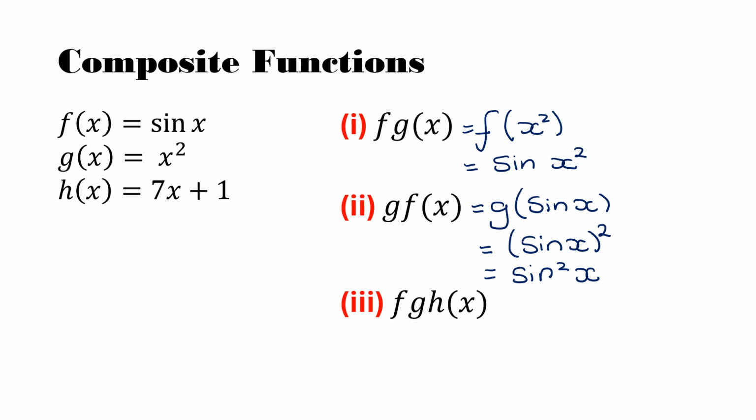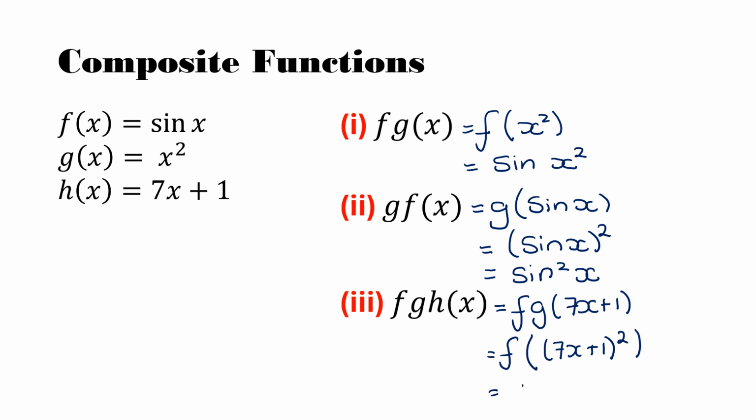In the first one, it is the x that's squared. In the second one, it's the whole thing. And then our last one has 3 functions pulled together. So we have f after g of h of x. So then we have f after, so we have g of 7x plus 1, so that's going to be squared.